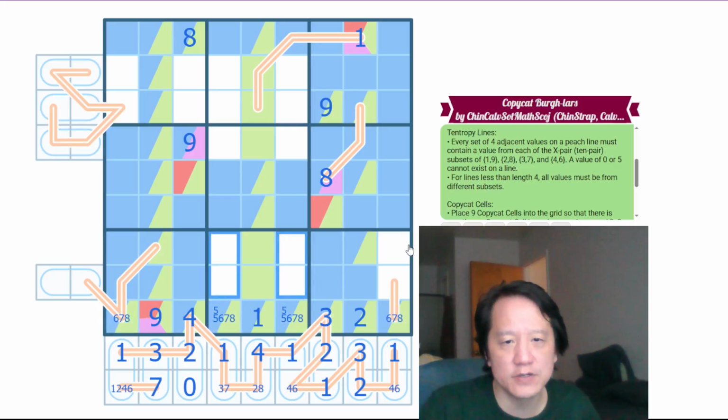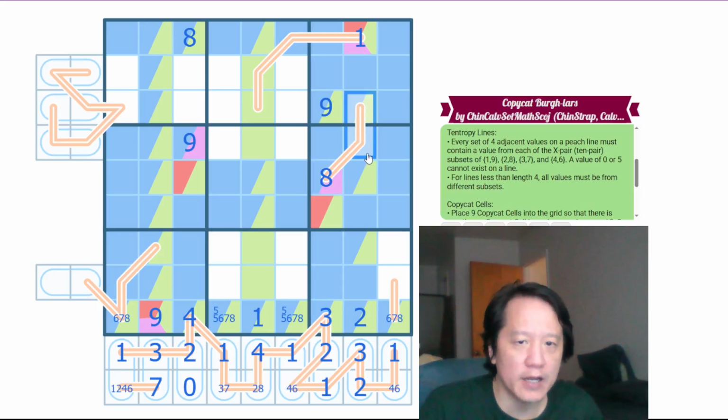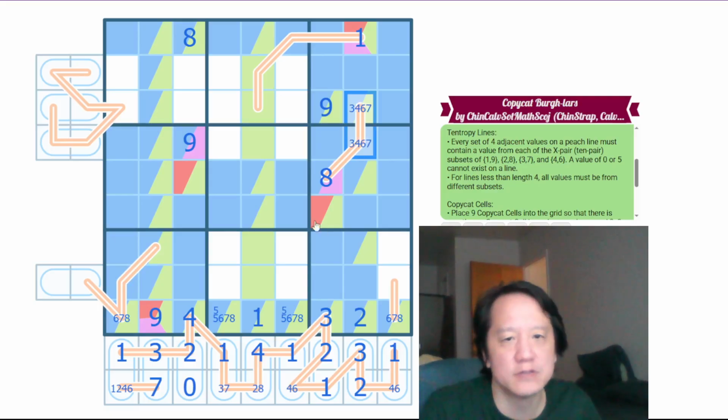And these are not counted, we don't need... Yeah, we just need copycats. So this is an 8 in value. These cannot be 1 or 9. So this must be 3, 7, and 4, 6 as possibilities.